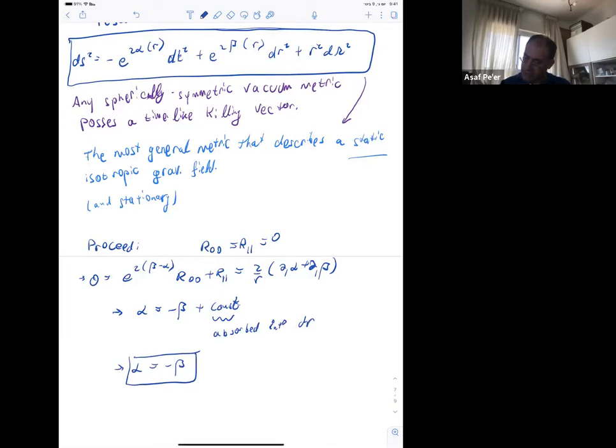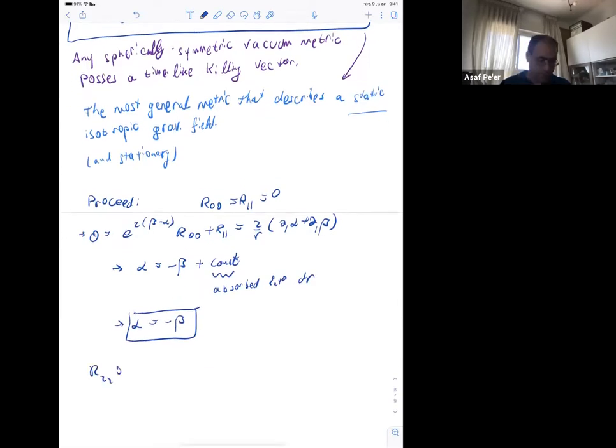Now we can use again the fact that R22 is equal to 0.